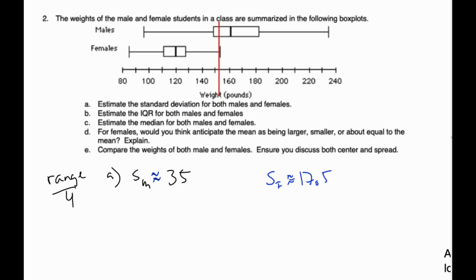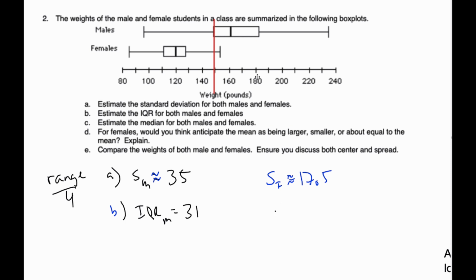Now it says estimate the IQR. Again, I can go here. I'm going to take about 181, subtract 150. So 180 minus 150 is going to be 30. So for B, my IQR for the males is going to be about 31.